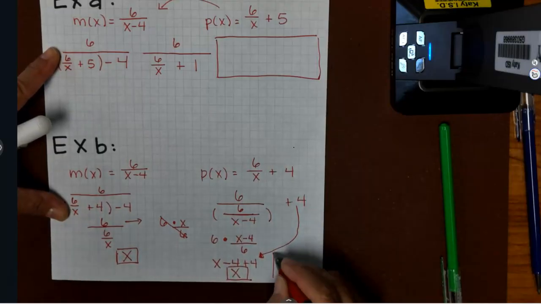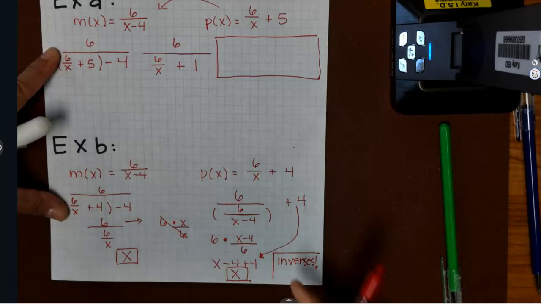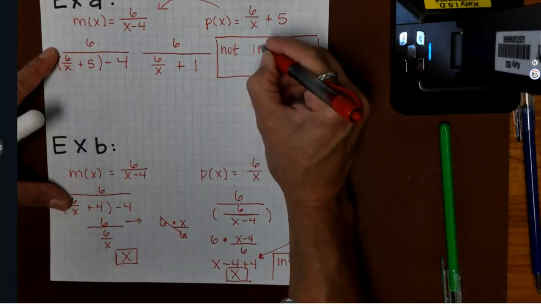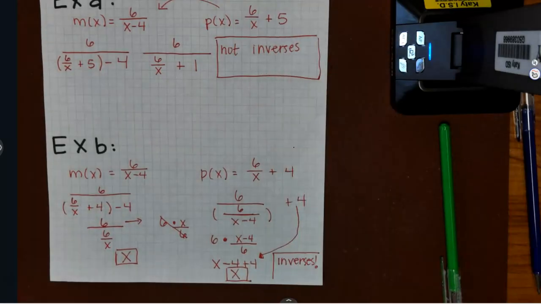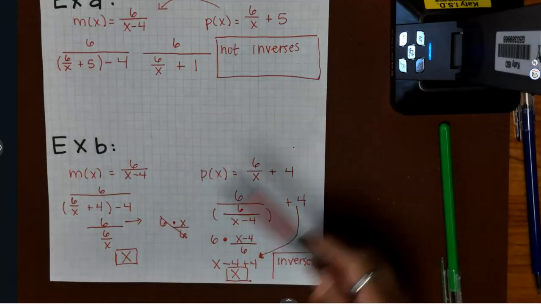These are 100% inverses. These are 100% not inverses. Why? Did everything cancel out except here, except x?